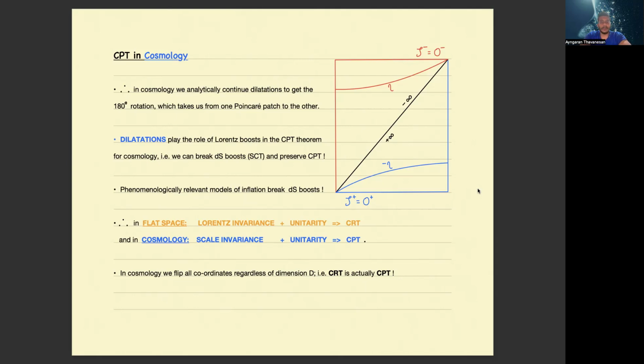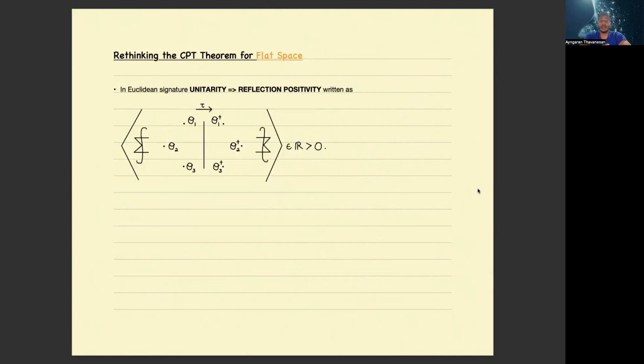And now I'm going to be identifying what we mean by unitarity in cosmology by changing gears and rethinking the CPT theorem for flat space to make converse statements. To do that, we first identify that in Euclidean signature, unitarity implies reflection positivity, which is simply a statement about the operators on one side of the Euclidean tau equals 0 plane and their reflected operators giving a correlation function which has a positive norm.